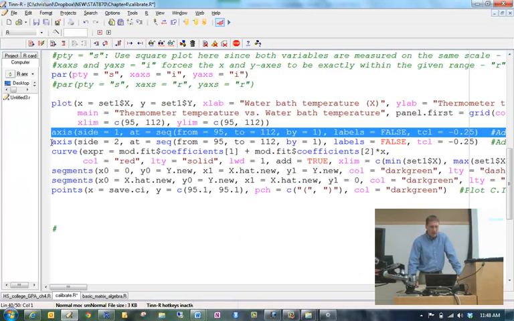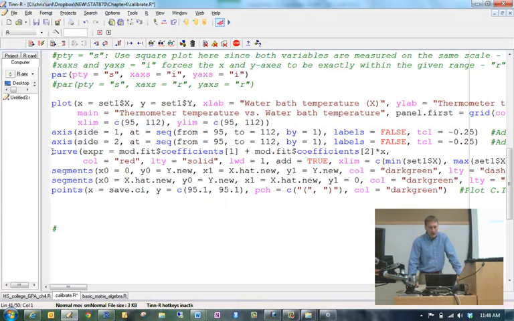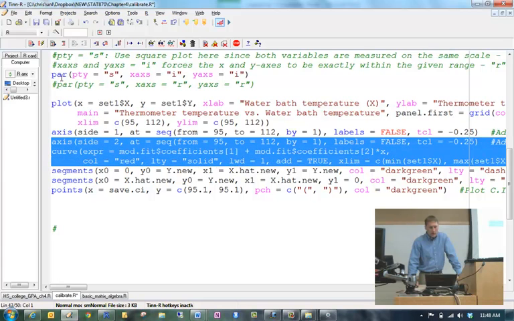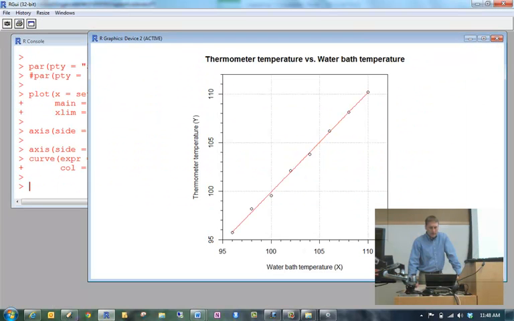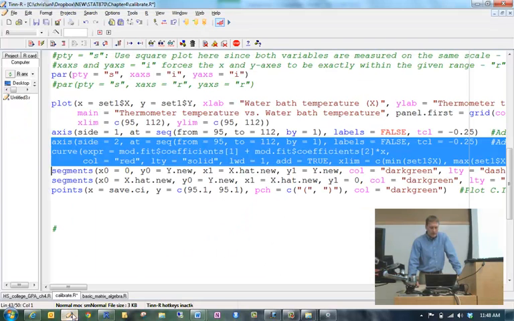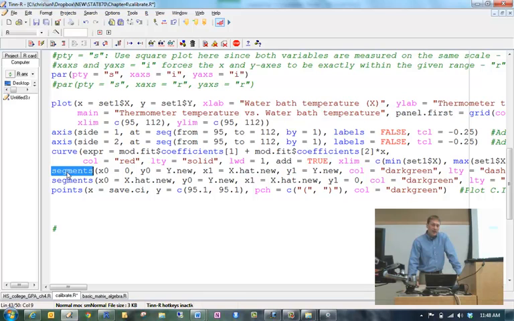I can do the same thing for the y-axis. I can also plot the model using the curve function we've done before. And then lastly, what I want to do is actually show this inverse prediction. To do that, I can use the segments function, which we've seen before as well, and simply draw line segments. I want a line segment that starts at x equals 0 and y equals 104.